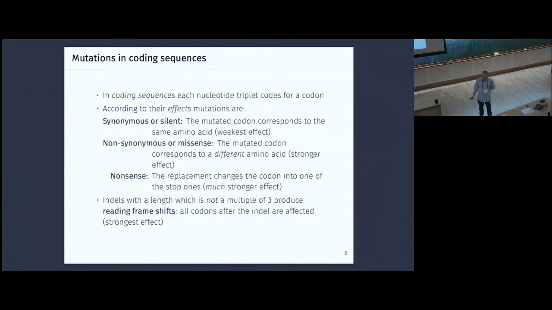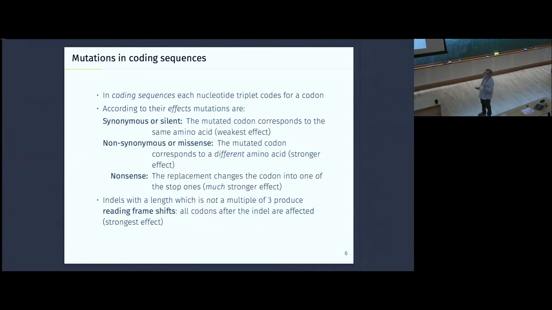Now, this is according to the nature. So this is really to introduce you to the kind of language that you are likely to meet in the next week. This is instead a conceptual point. If you are looking at the coding sequence in DNA, the sequence which is actually going to be translated into protein, then a point mutation can have one effect or another.